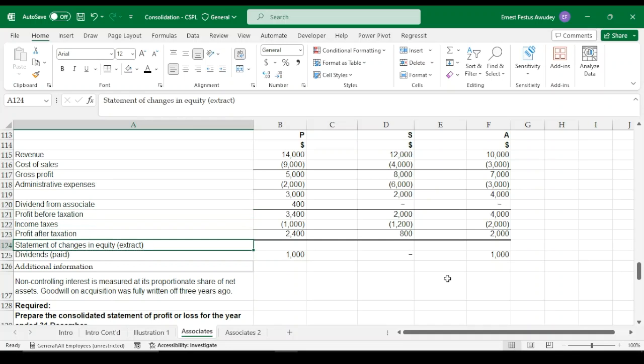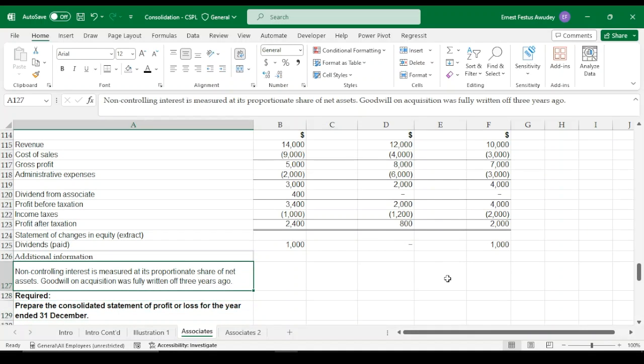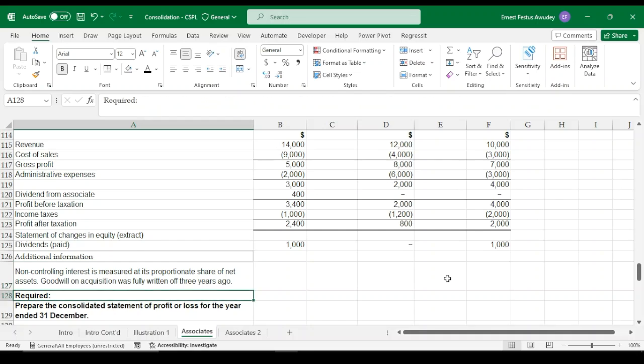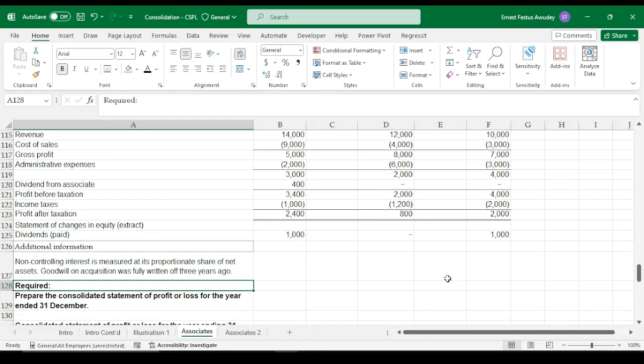Then we have statement of changes in equity, extract, which we have dividends paid. Now we have additional information. Non-controlling interest is measured at its proportionate share of the identifiable net assets. Goodwill on acquisition was fully written off 3 years ago.